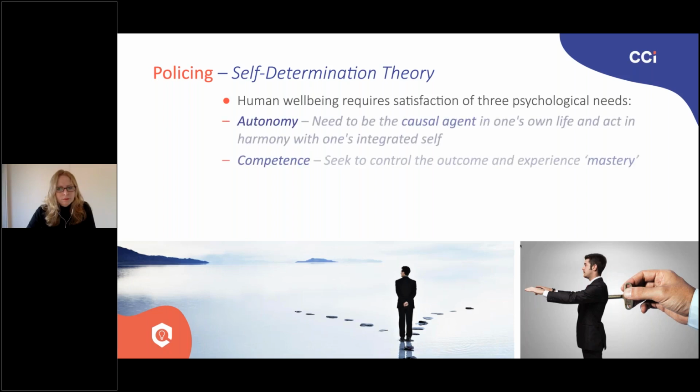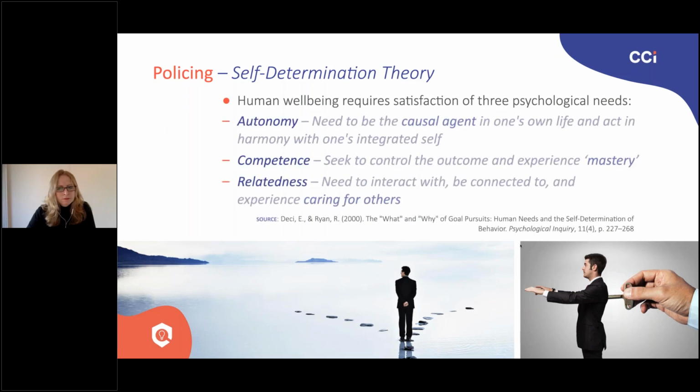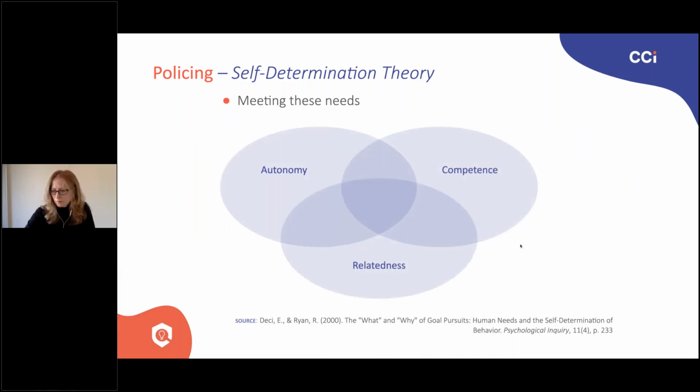And this suggests that human well-being requires satisfaction of 3 psychological needs: autonomy, the need to be able to control your own actions and act in harmony with what you think is the right thing to do; competence, the ability to seek control and want to be master, or to experience mastery or expertise in an area; and relatedness, in terms of the need to feel connected to and experience caring for others. And the theory suggests that when you meet these needs, then you create intrinsic motivation within the individual.